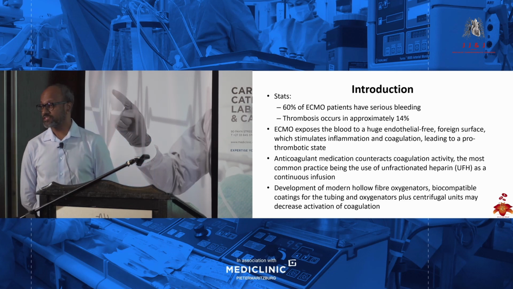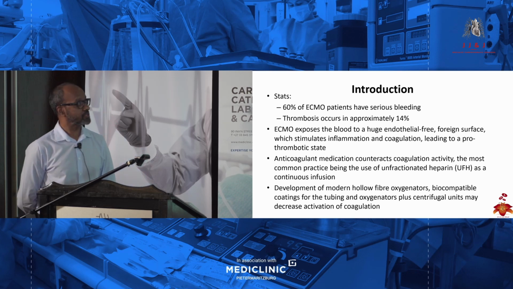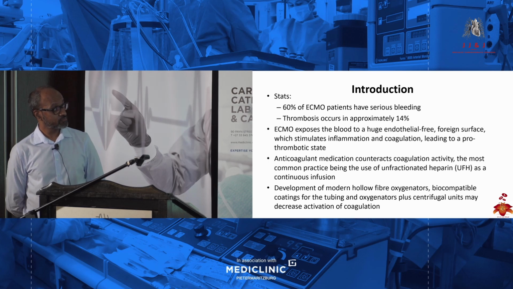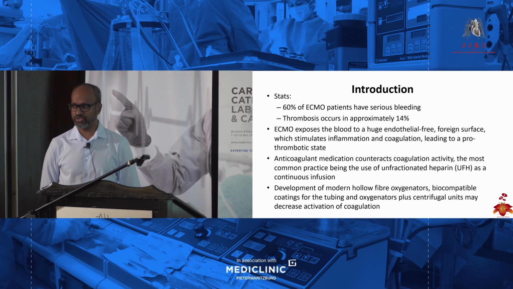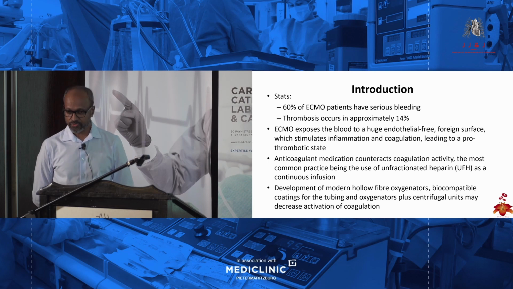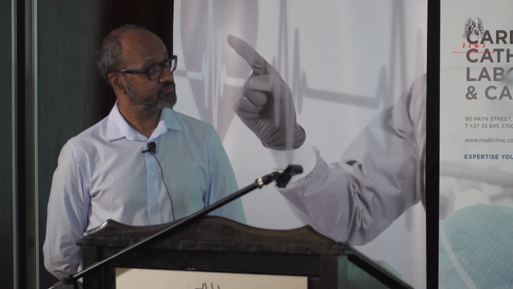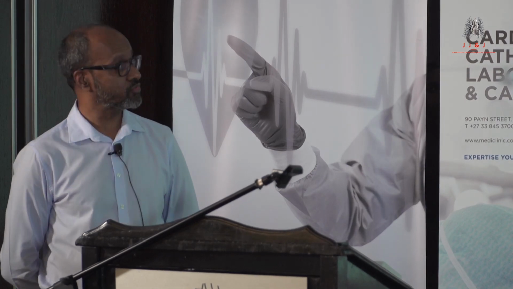So we all know that 60% of our patients will present with bleeding during ECMO, but only 14% will have thrombosis. ECMO exposes blood to a huge endothelial circuit that, in the old days in the 1970s, was free of any anticoagulant in the majority of cases. This caused stimulation of the coagulation cascade and subsequently thrombosis.